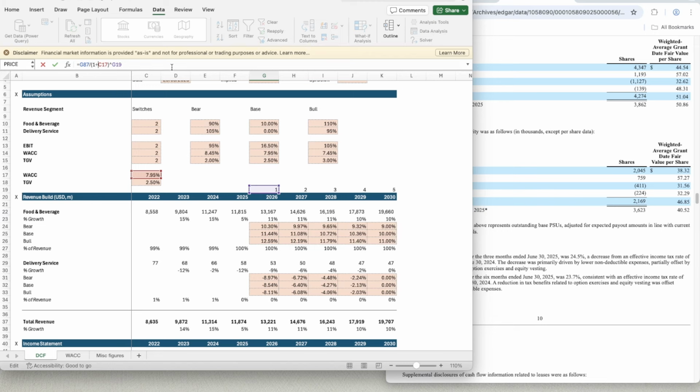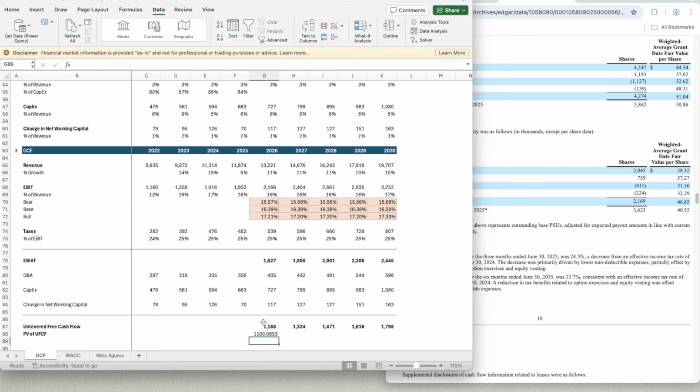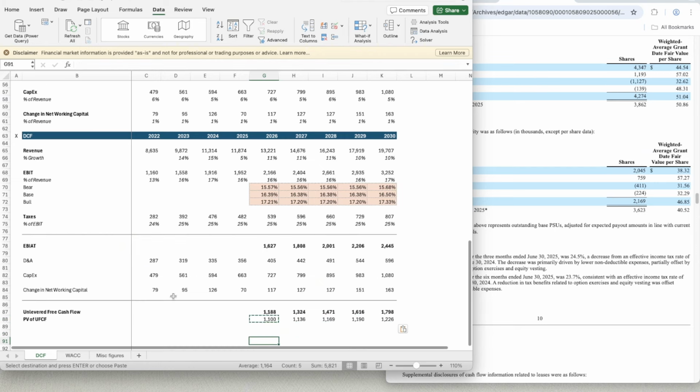And let's lock the WACC in. It doesn't need to be bold. There we go.